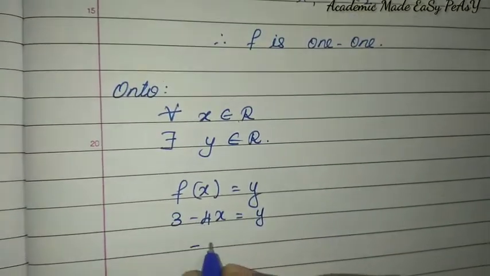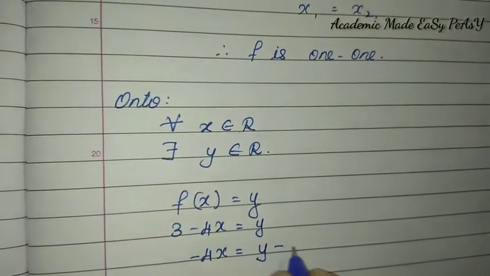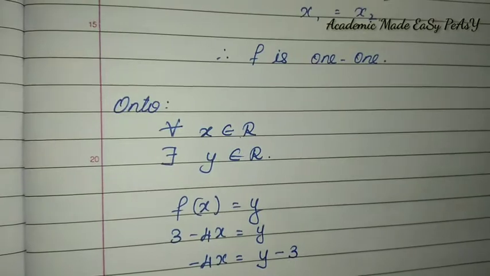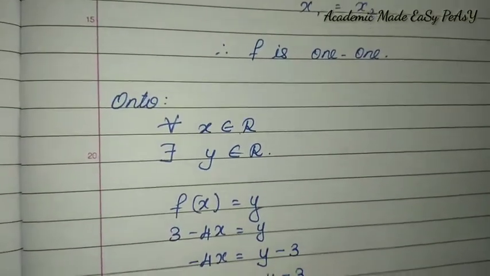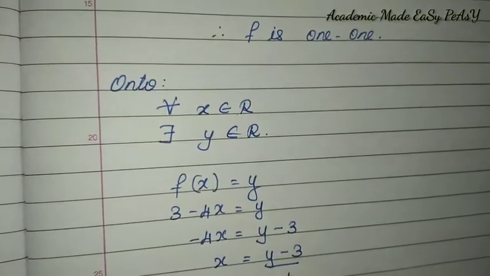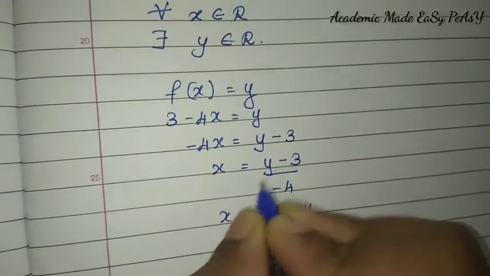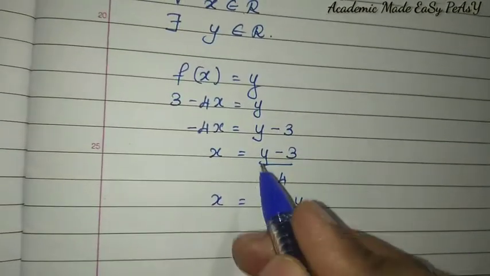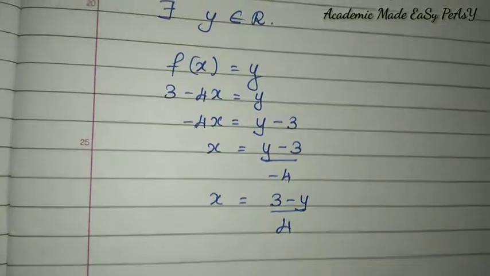So minus 4x is equal to y minus 3. x is equal to (y minus 3) by minus 4. x is equal to (3 minus y) by 4. I just took the negative sign inside here. So I got x in terms of y.